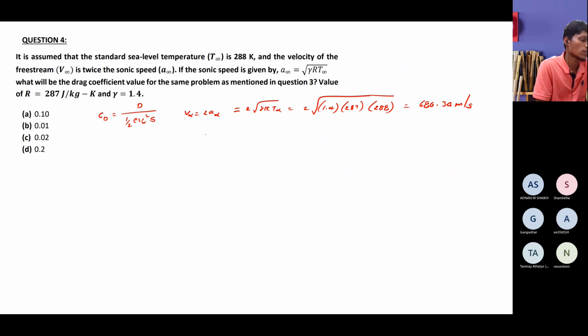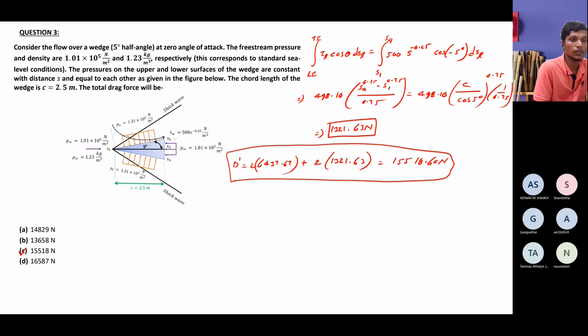Now, the second thing is you need to find the density. How can you find the density? You can find the density by using the equation P equals rho RT. You have the temperature here, 288 Kelvin, and you have the free stream pressure. Just recall the free stream pressure from the previous question. Let me show you the previous question. Yeah, here.